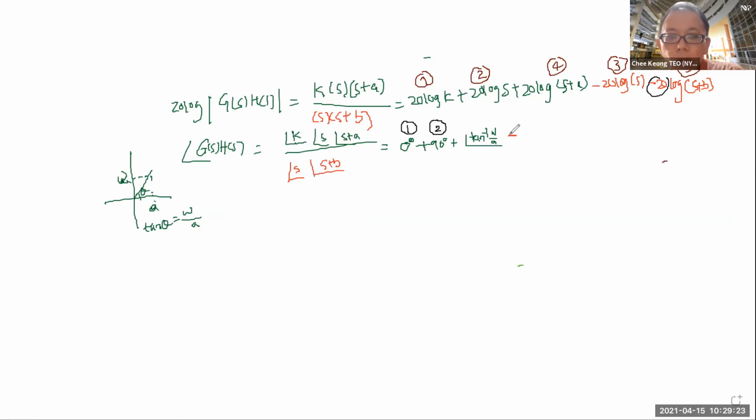Minus, this is 0 degree again, 0 degree for this guy at S at origin, and then of course minus tangent inverse of omega over A. Sorry, omega over B this time around, not A.